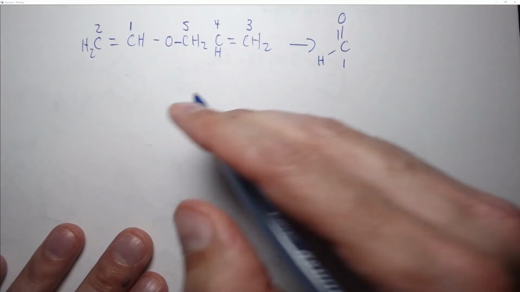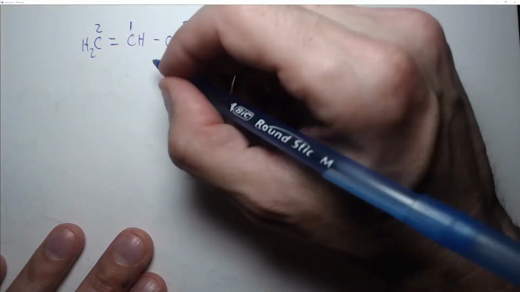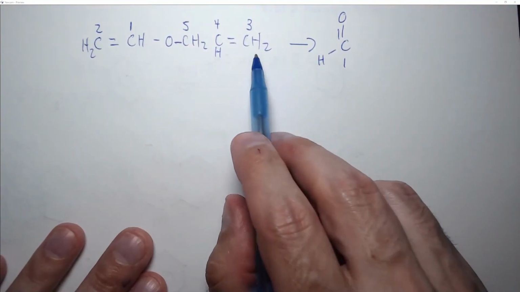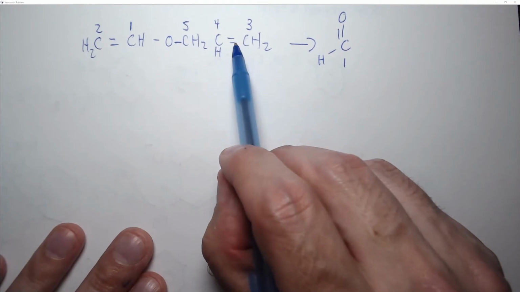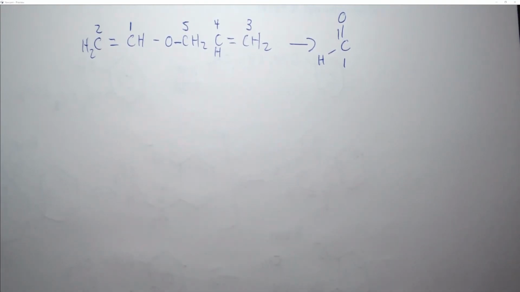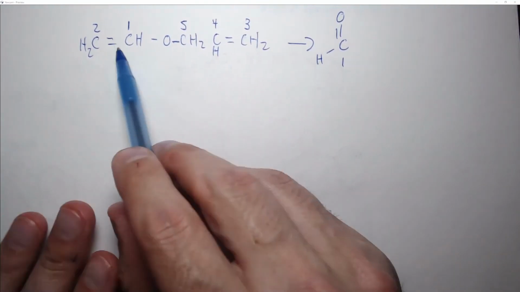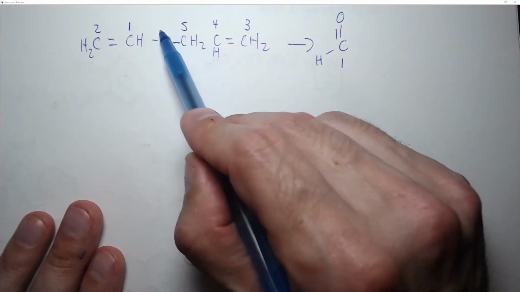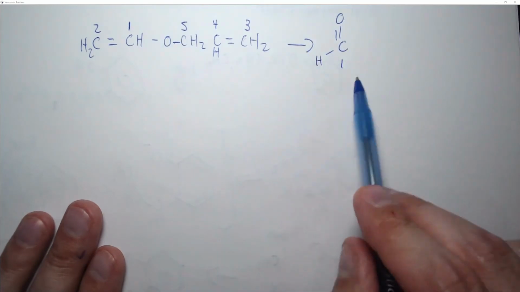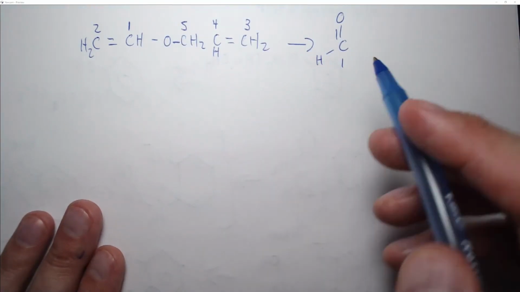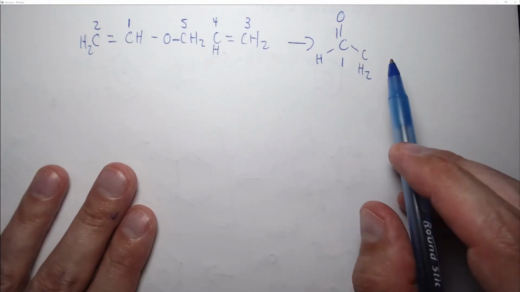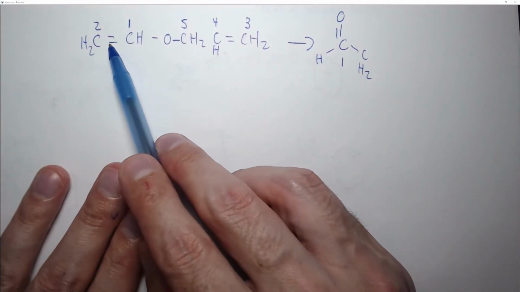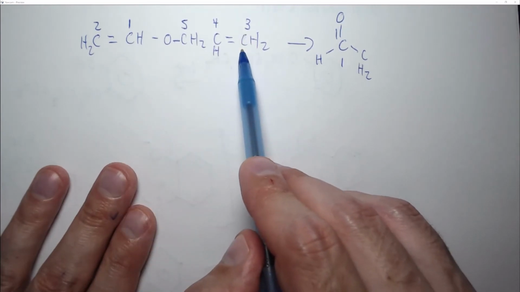So carbon 1 becomes double bonded to an O. And essentially what's happening here is we're forming a 6-membered ring, and these electrons are coming in here, shifting this over here, and breaking this bond. So carbon 1 is going to have a C double bond O. Then carbon 2 is going to lose this pi bond, which is now going to form this new bond with carbon 3.